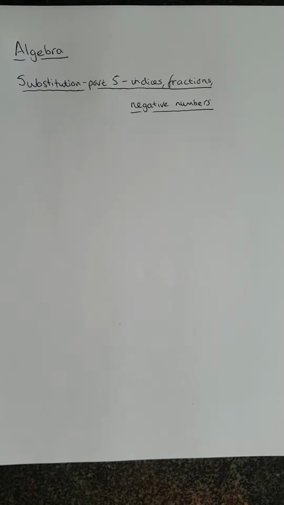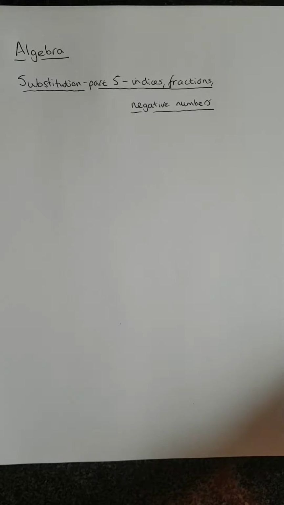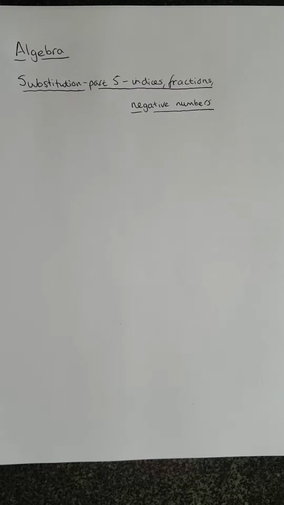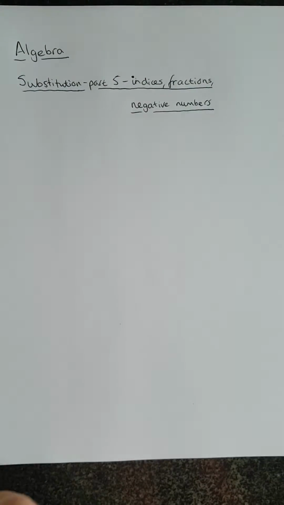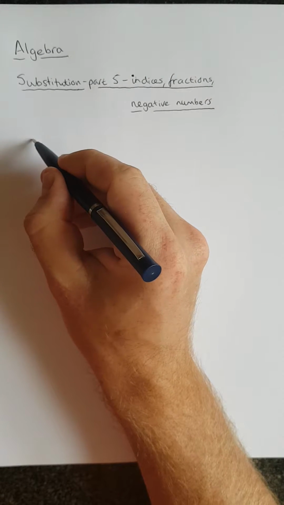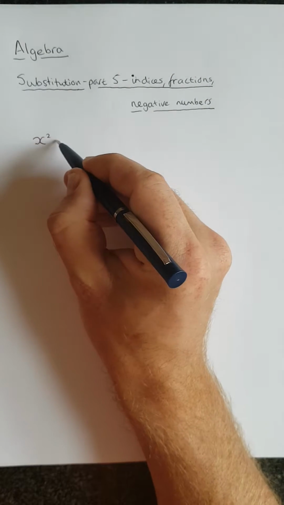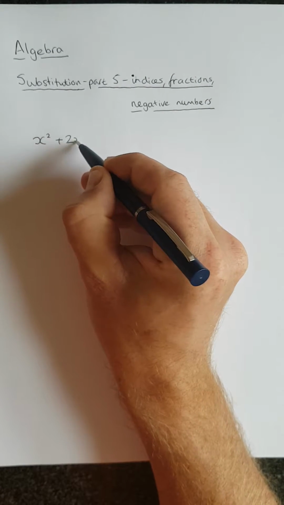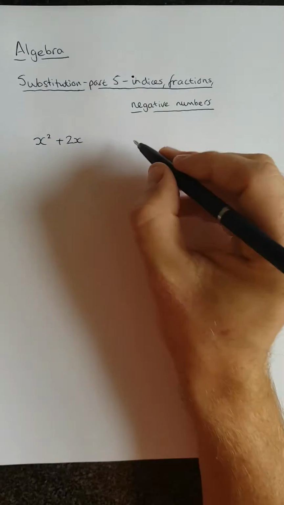So the final part of our substitution video, we're going to look now at combining all of these tricky things. Indices, fractions and negative numbers. So let's start with something like so.